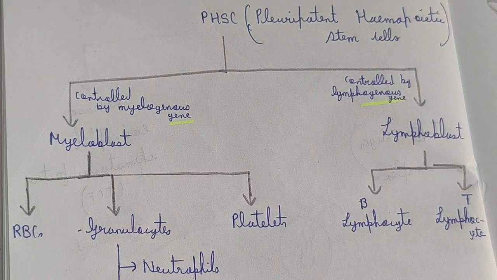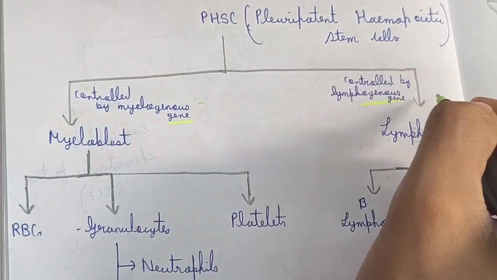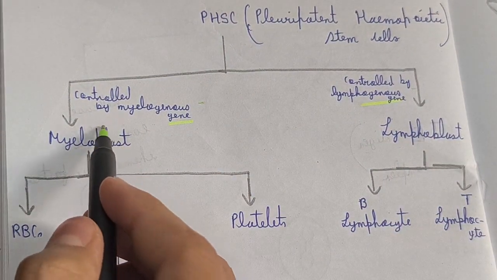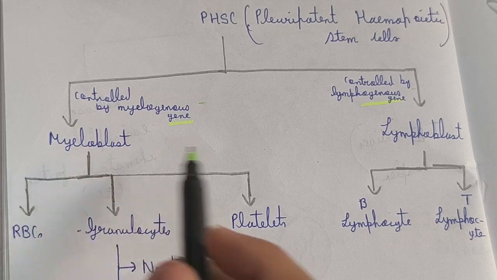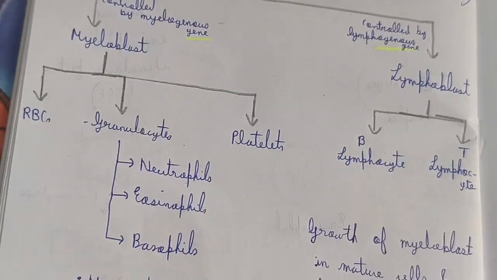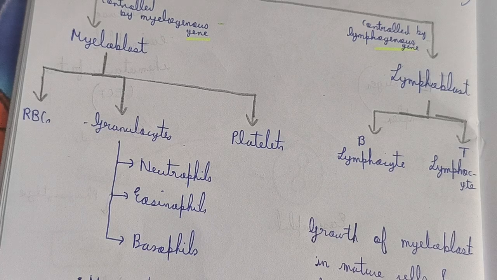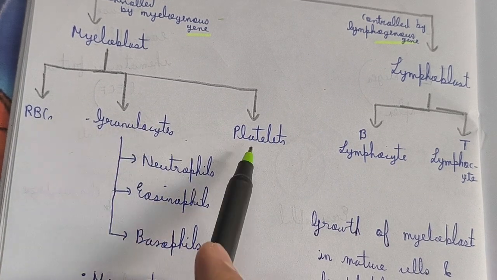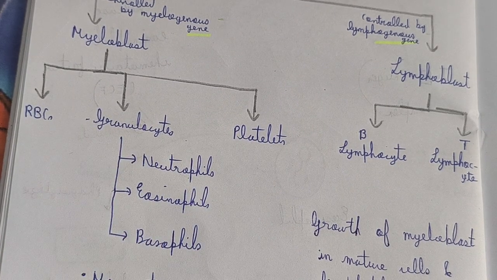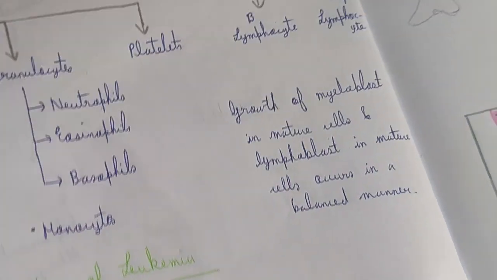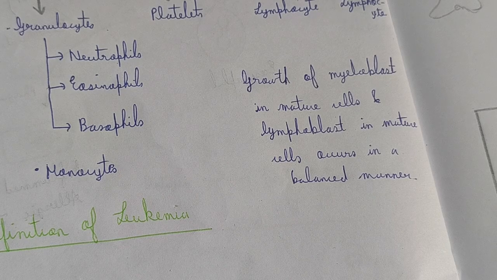If a mutation occurs in this gene, then balanced growth of myeloblast and lymphoblast into granulocytes, RBCs or immature myelocytes will not occur. On the basis of this I'm going to write a definition. If you try to write, you can pause the video and write.